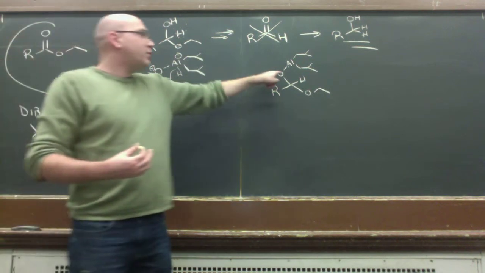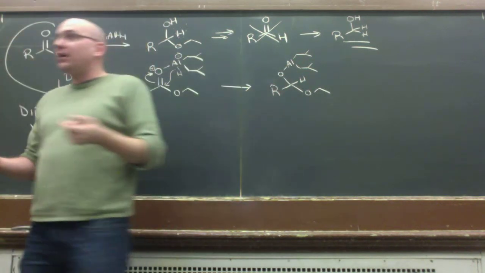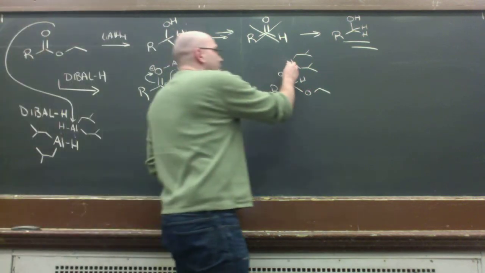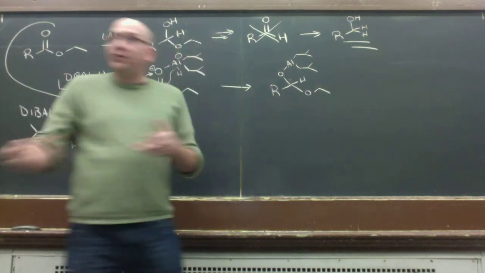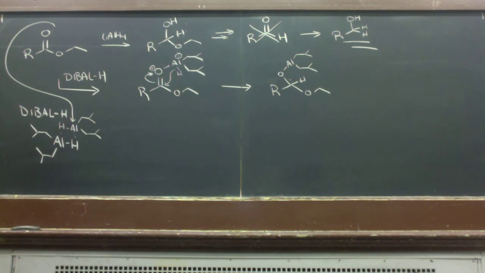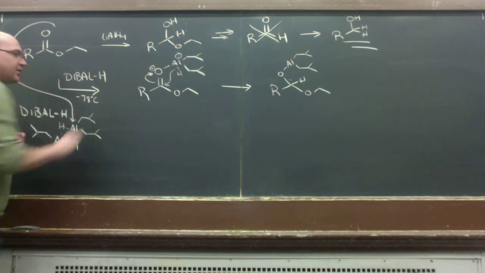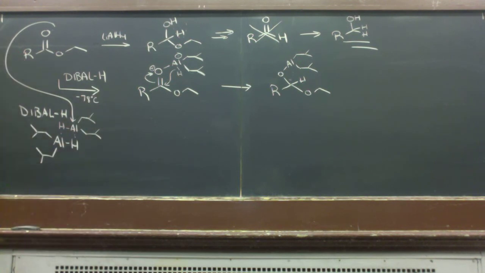Why? Because you effectively now have an oxygen-aluminum bond. You're not as easily going to break down to leave ethanol. And the other factor about this reaction is it's held at a very low temperature, minus 78 degrees Celsius. This is dry acetone, it's really, really cold.